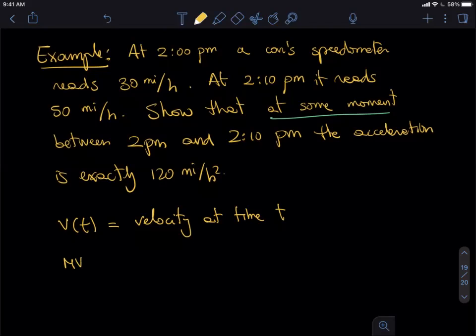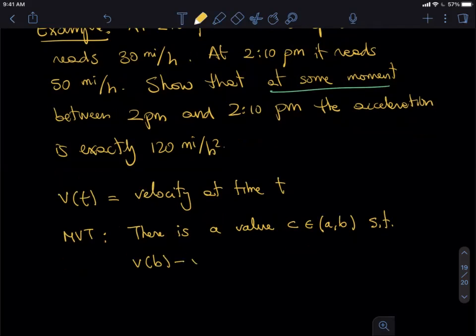Then the mean value theorem is going to say that there is a value c in some open interval (a, b) such that v of b minus v of a divided by b minus a equals v prime of c, which is the acceleration. This still doesn't link exactly to 120 miles an hour squared, but see what happens.